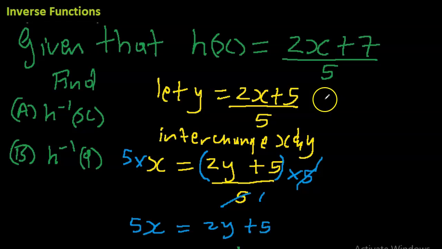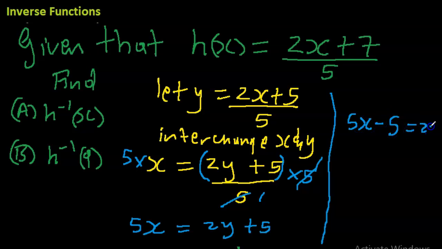Remember the aim of the game here now is to solve for y. You want the y by itself. So let's transpose. You can subtract 5 from both sides, or you group the 5 over the left. So that's 5x minus 5 equal to 2y, right? And then you want to cancel this 2 here, so you divide both sides by 2. Alright? So 2 into 2, that's 1.